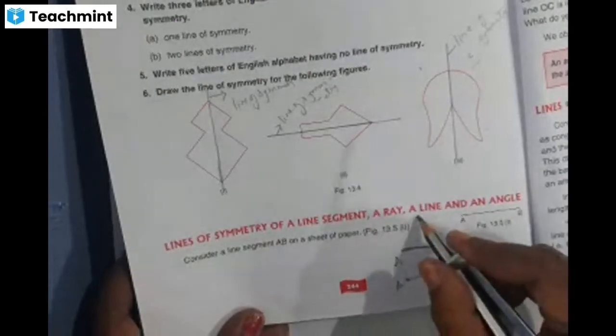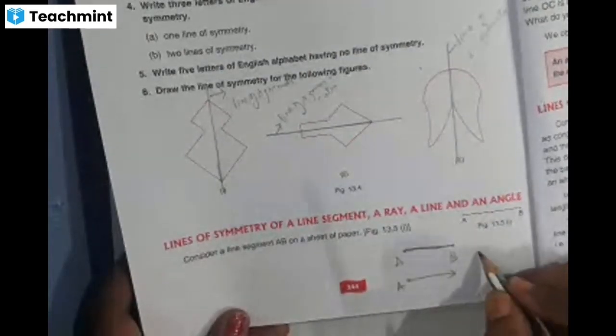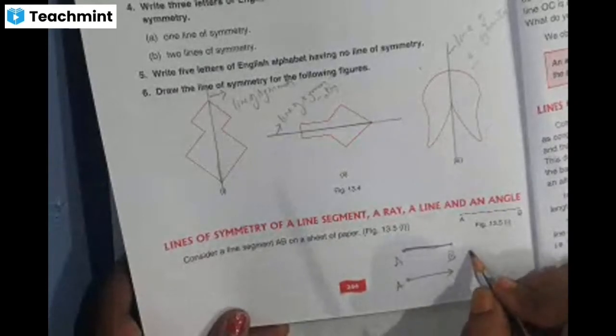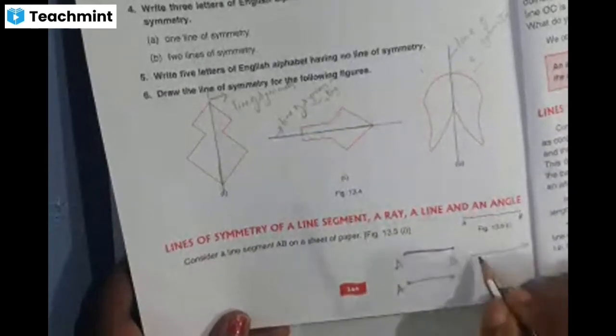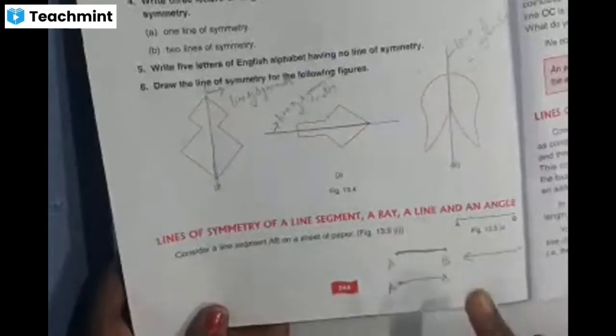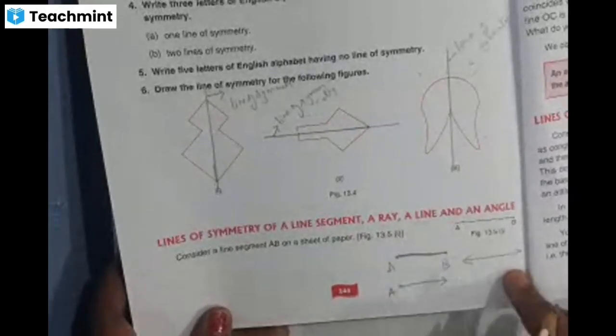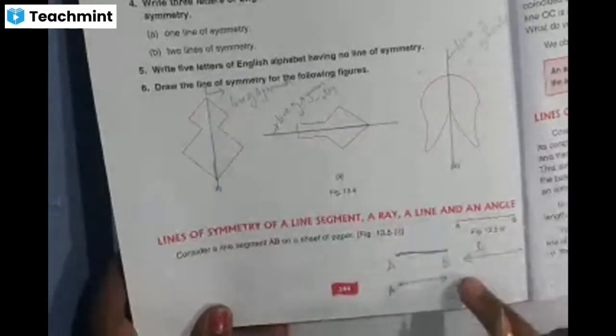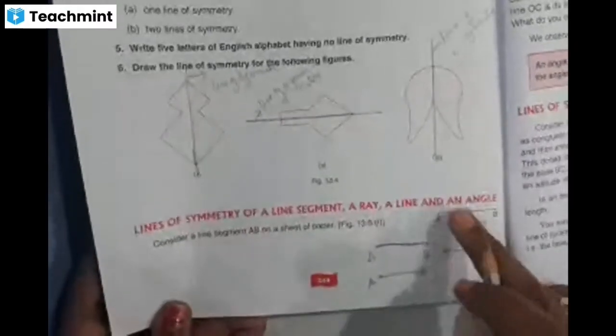Then we have a line. What is a line? A line has 2 directions, but both the directions are extending endlessly. This is called a line. Then we have an angle.